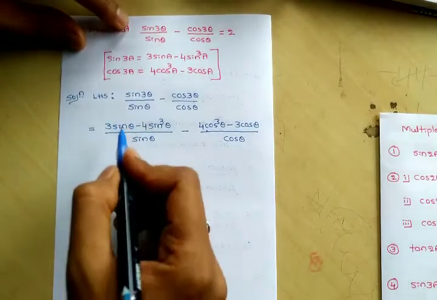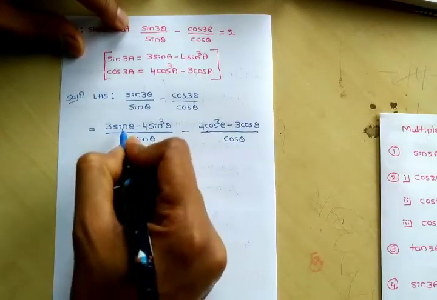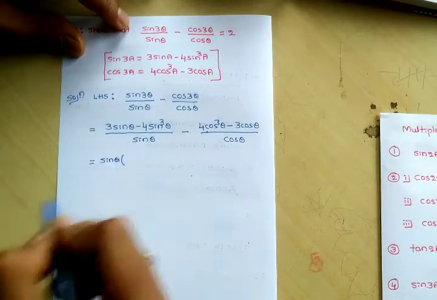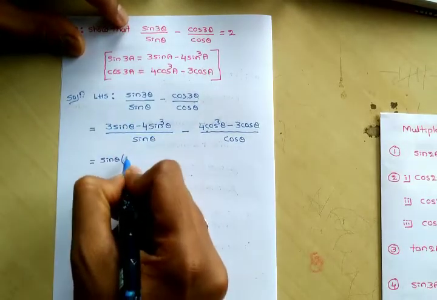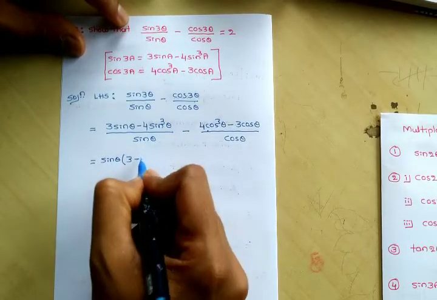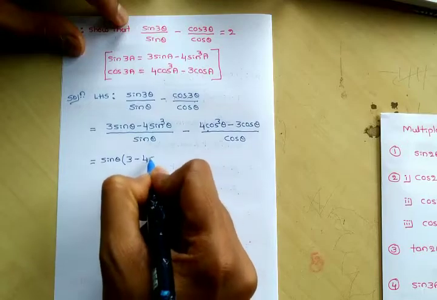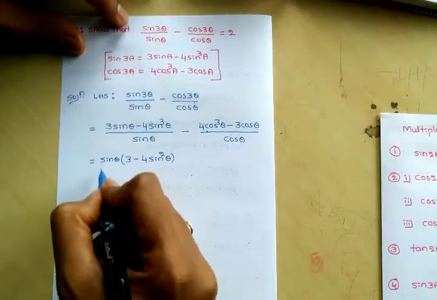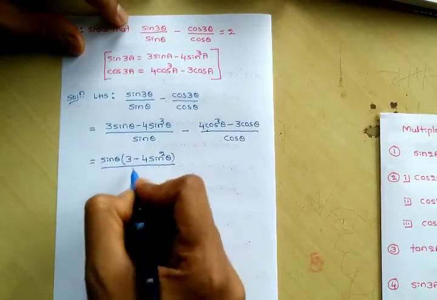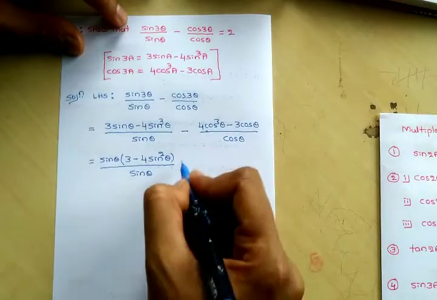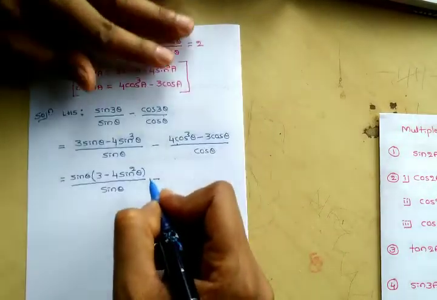So here I am going to take sin theta outside. If I take sin theta common, the remaining value is 3 minus 4 sin square theta, correct? Divided by the denominator sin theta. Same process here also. Minus I am going to keep as it is.